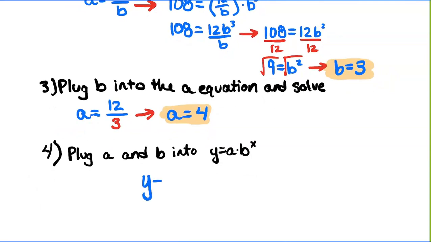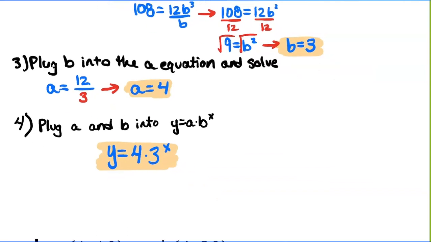So we have y equals 4 times 3 to the x. And that's it. A lot of work to get that little equation, but there it is. If you remember from Algebra 1, it was always a lot of work finding these equations given 2 points, plugging things back and forth, just because you're solving for multiple variables.